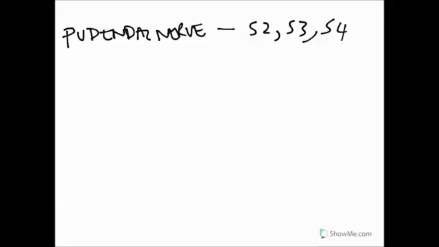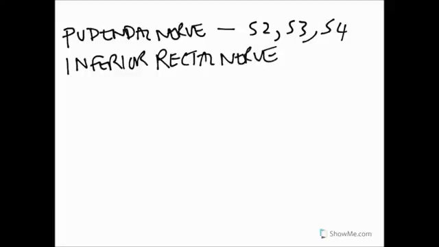It courses into the ischioanal fossa, and once it gets in there, which is part of the anal triangle, of course, it branches into three. We have the inferior rectal nerve, or branch. That's the first branch usually seen.